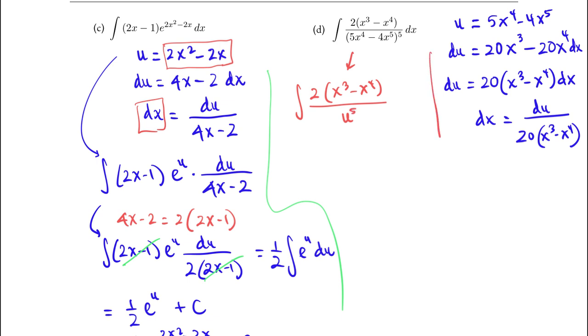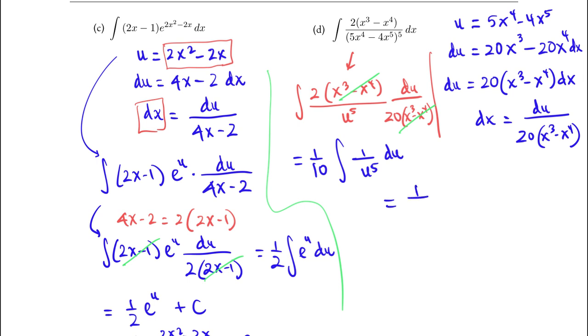Also, we will replace dx with du over 20 times (x cubed minus x to the fourth). But then x cubed minus x to the fourth cancels out. 2 over 20 is 1 over 10, which is a constant multiple, so we would rewrite it in front of the integral sign. Inside, we end up with 1 over u to the fifth du.